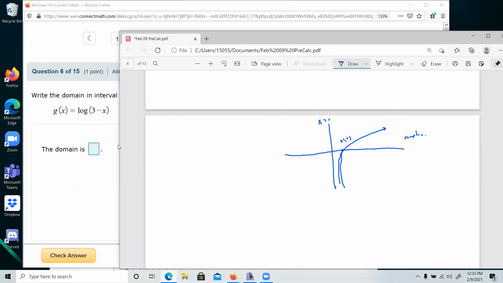So what has to happen here? If I have g of x equals log of 3 minus x, well, 3 minus x has to be a positive number. Oh, I don't want greater than or equal to. I don't want it to be 0. That has to be greater than 0. So 3 minus x has to be greater than 0. How do we do this?